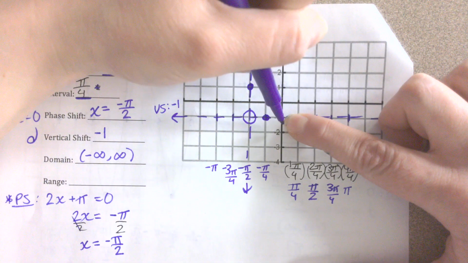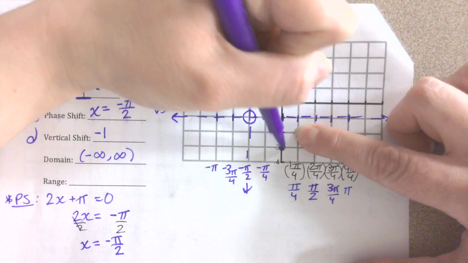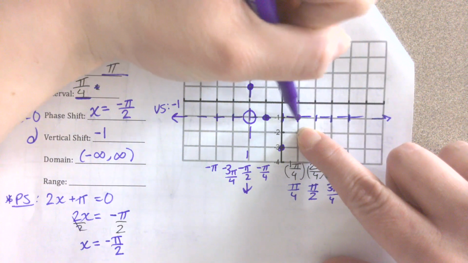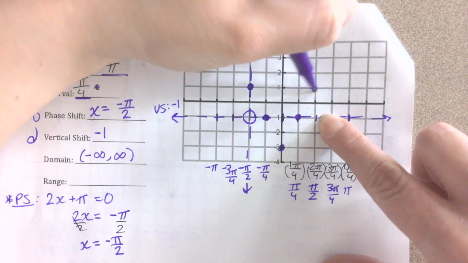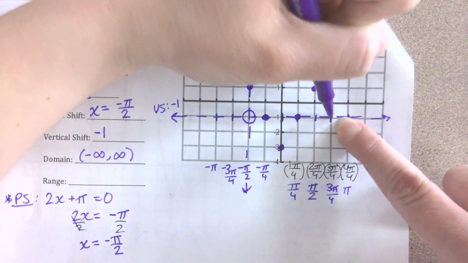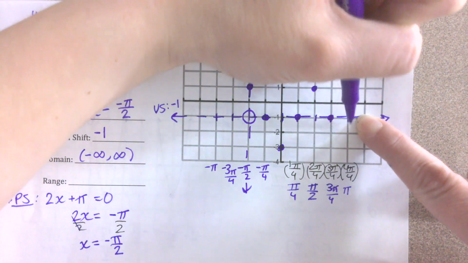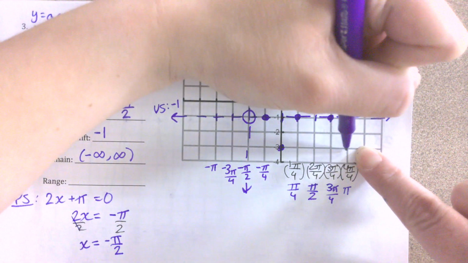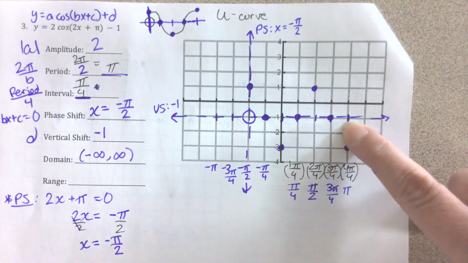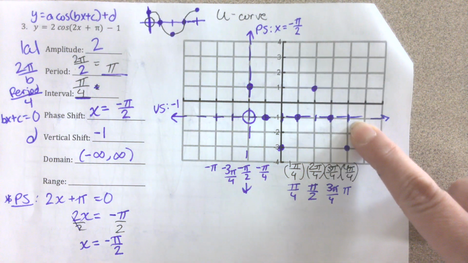We went up 2, we're going to go down 2, negative 3. And then we're going to work back up. Next interval, we're up at the midline. Next interval, we're back up at the maximum. And we're going to keep going. Next interval, we're back down at the midline. Next interval, we're back down at the minimum. Almost went too far. Down 2. And that was my last notch, so I'm going to stop there.